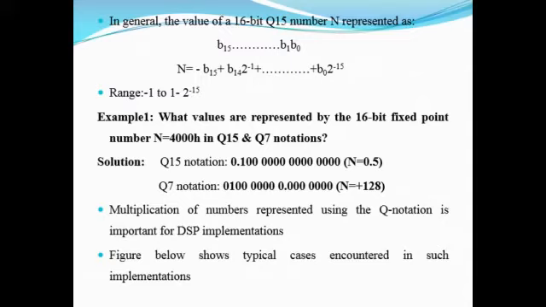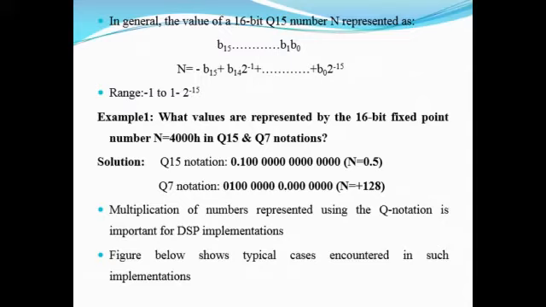But what he asks is the representation of this number in Q15 format. If it is a Q15 format, we consider a total of 15 values after a decimal point. So we place a decimal point after 15 values, considering from LSB towards MSB. That gives me 0.5. So 0.1 followed by 14 zeros.